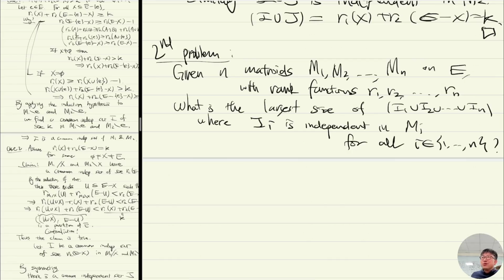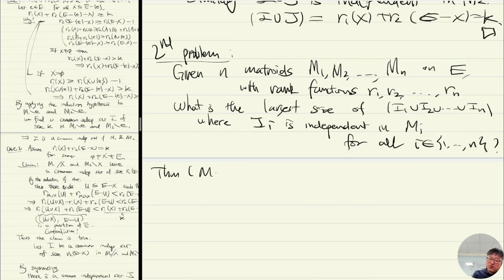So that's the matroid union theorem. Again, there's a lower bound. How do we get a lower bound? Anyway, let me first state the theorem.